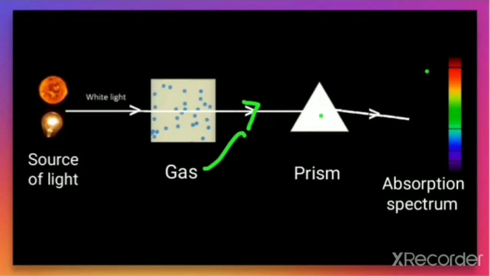In the light spectrum, you can find some dark lines, we can say black color lines, which you can see here. We get the spectrum in this way. So it shows that a particular frequency of radiation is absorbed by the gas. Therefore, such a spectrum is called an absorption spectrum.